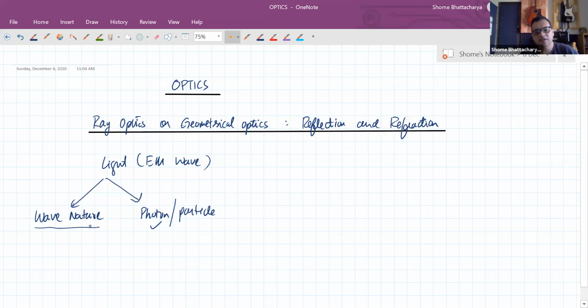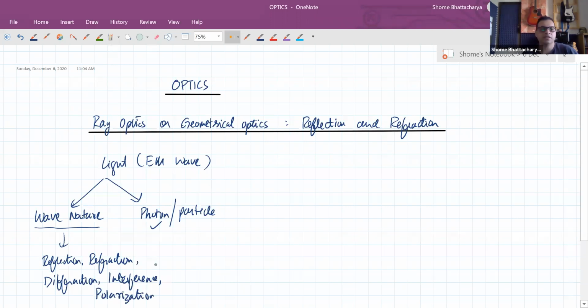So the wave nature of light is responsible for all the phenomena like reflection, refraction, also diffraction, interference, polarization, various properties of light like this.